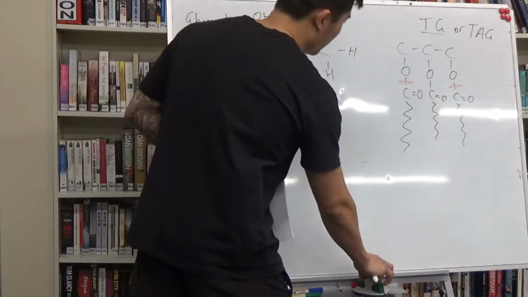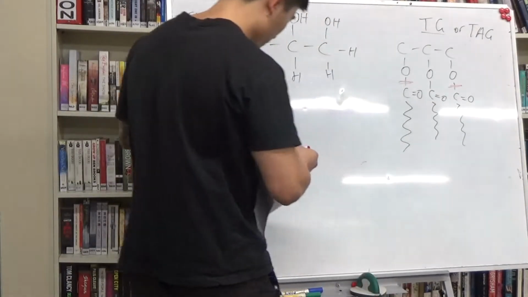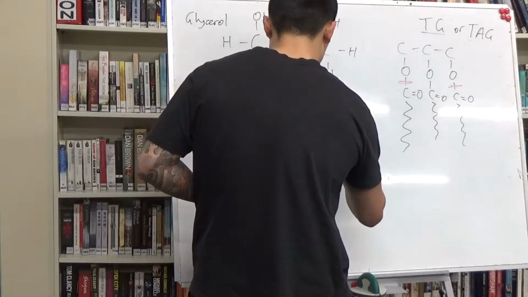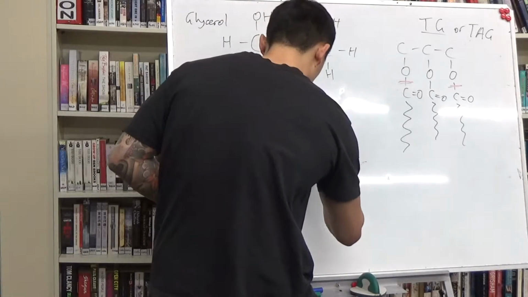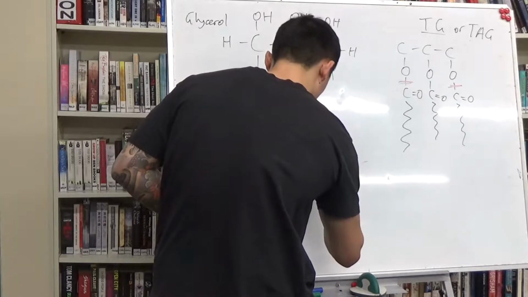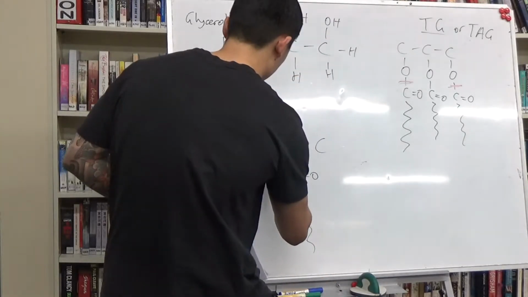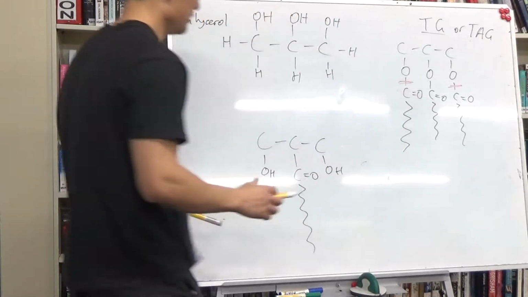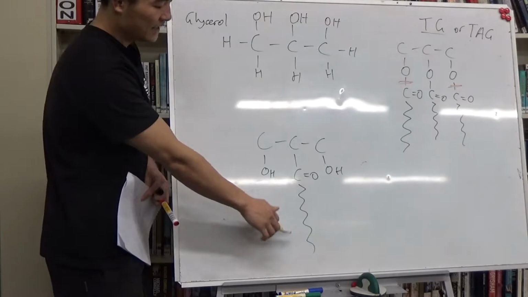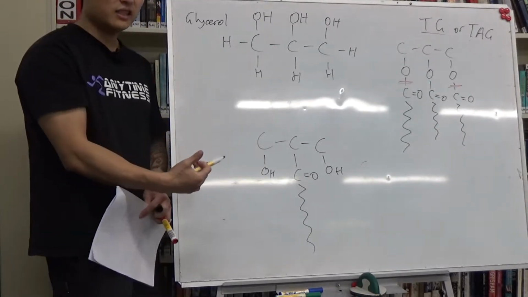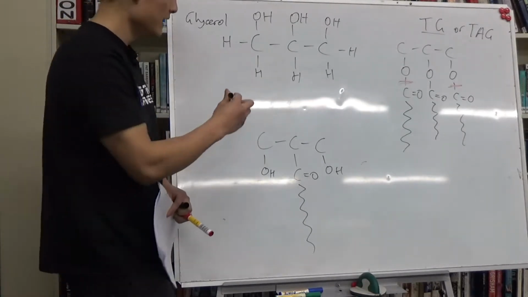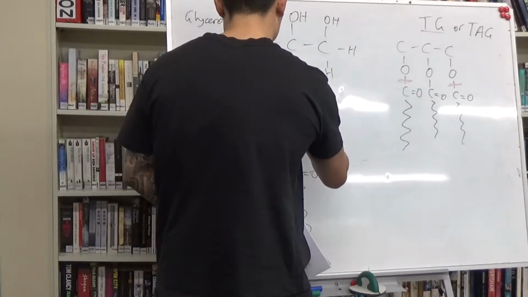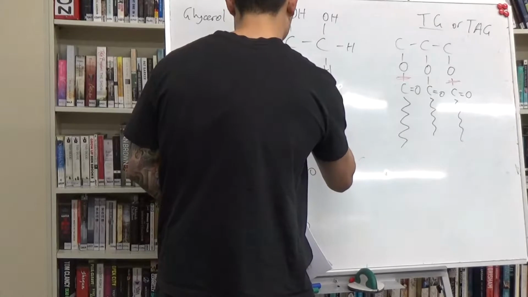So then you're going to end up with a molecule that's only got one acyl, so it's a monoacylglycerol, or you could say monoglyceride. This is monoglyceride.